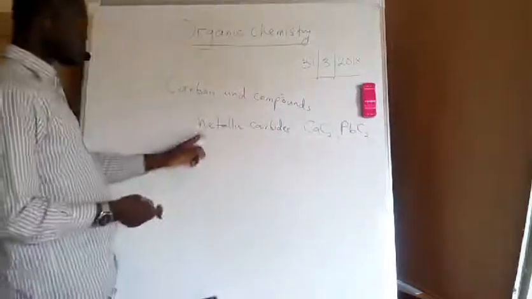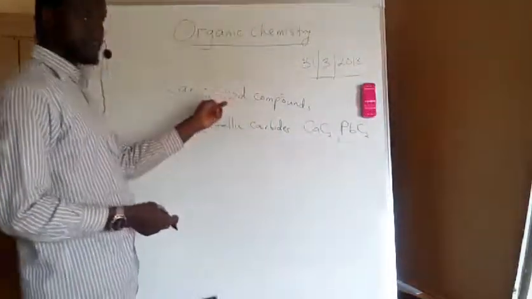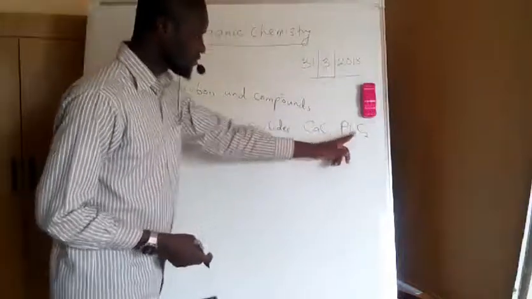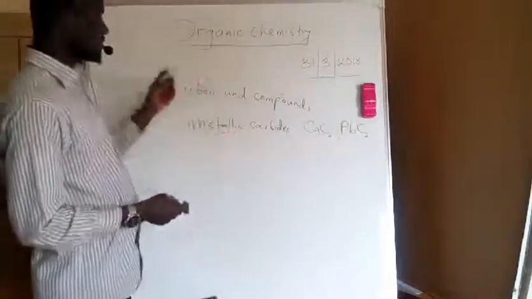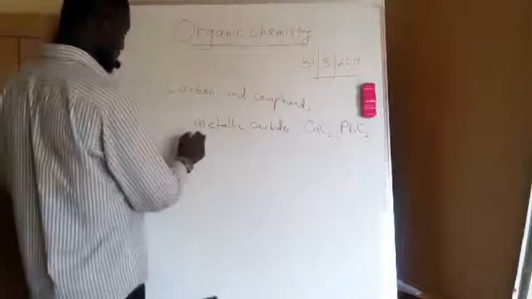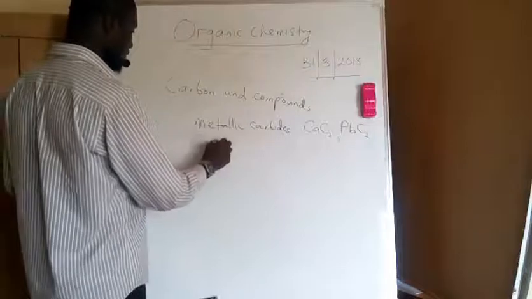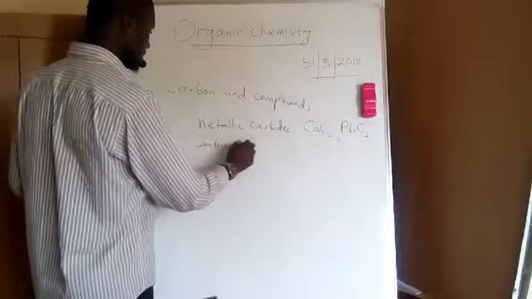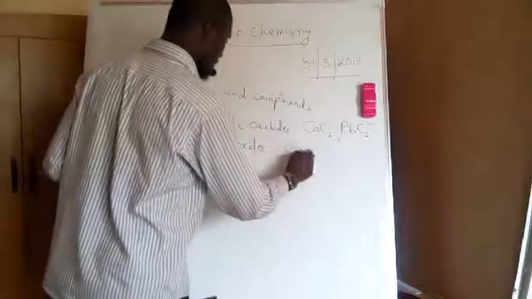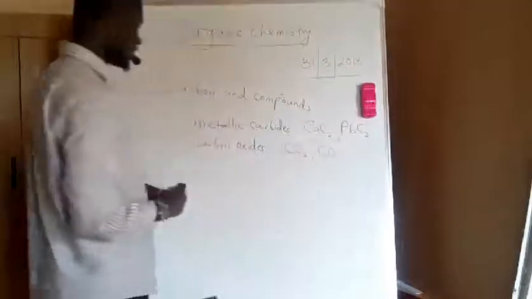These compounds were discovered after the first definition, and they are compounds of carbon, but they are not organic. Another class of compounds of carbon are carbon oxides, like carbon dioxide and carbon monoxide.